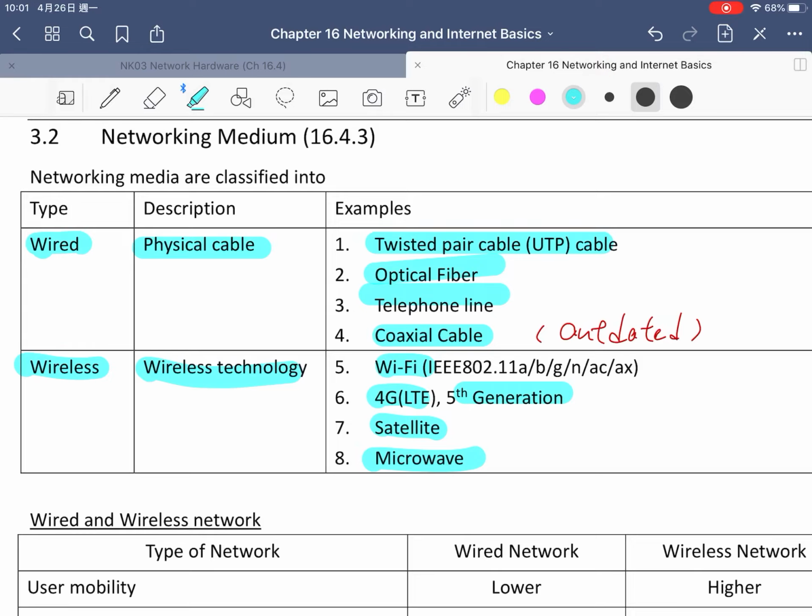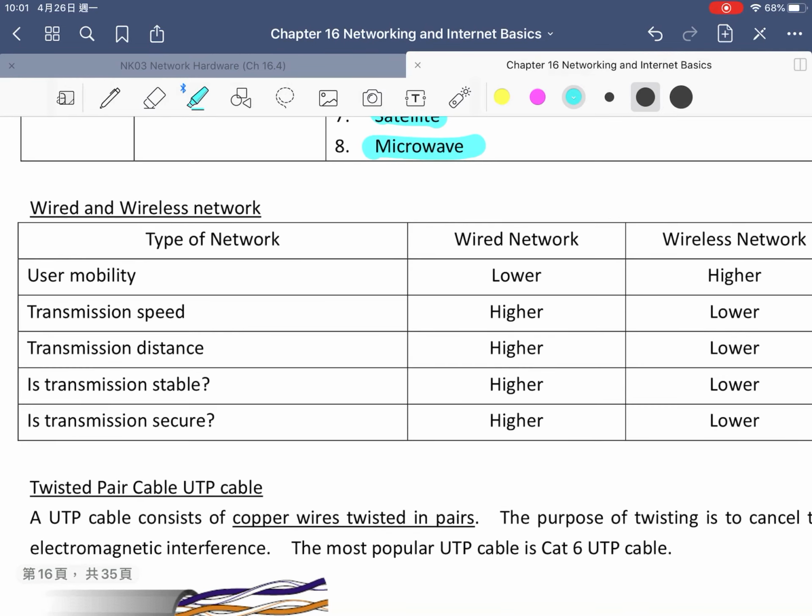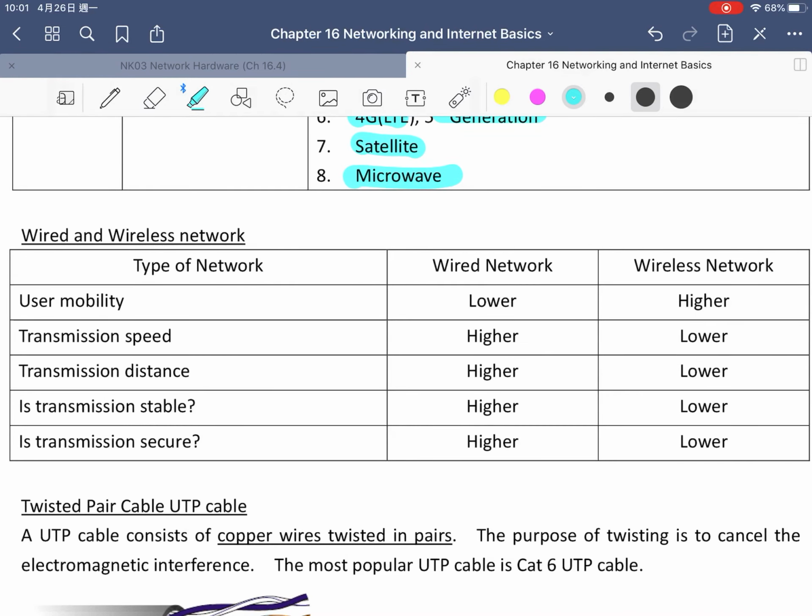So before we go on, you have to understand the differences between the wired and wireless media. So we look at this table. Mobility, wired is lower because there's cable. Wireless, higher. There's no cable. You can move to different places as soon as the transmission distance is not too far away.